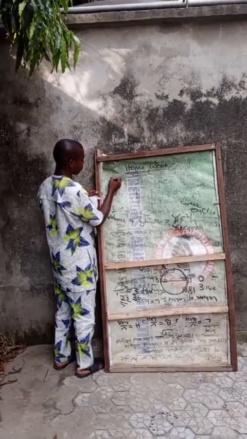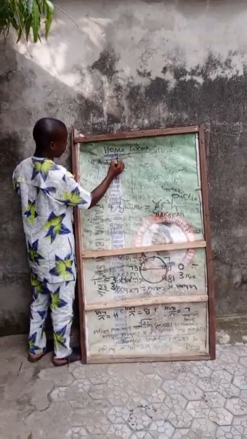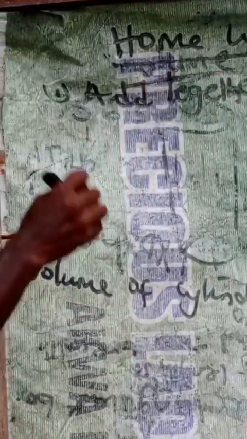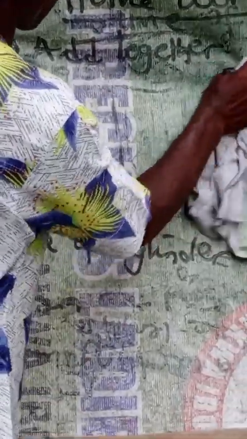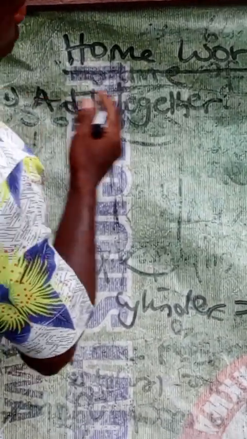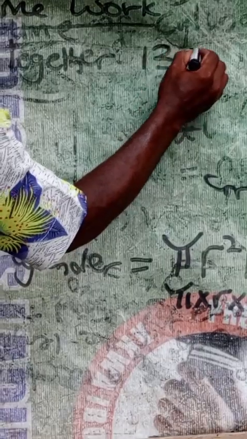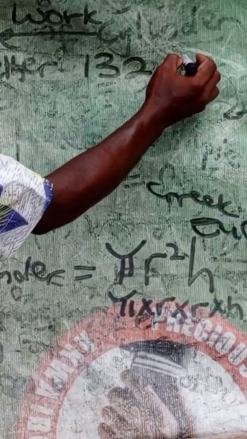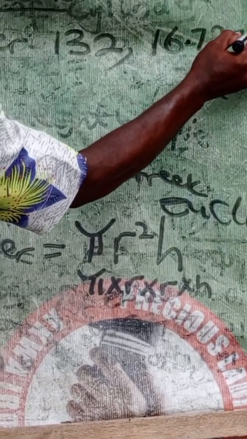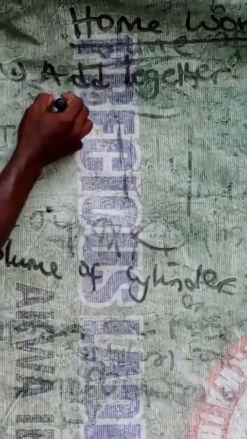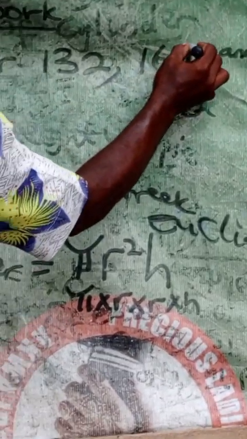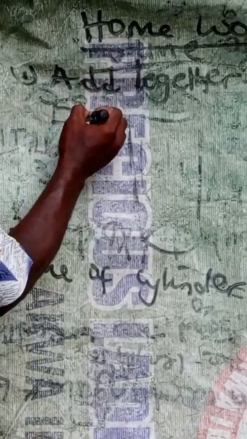Number one, add together $182, 16.72 and 5.